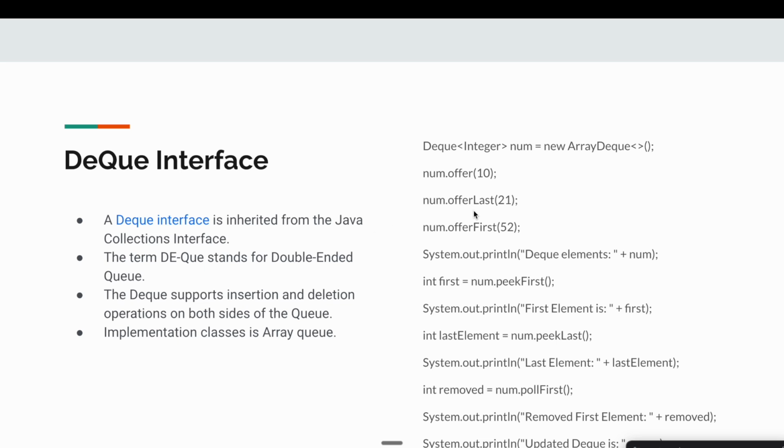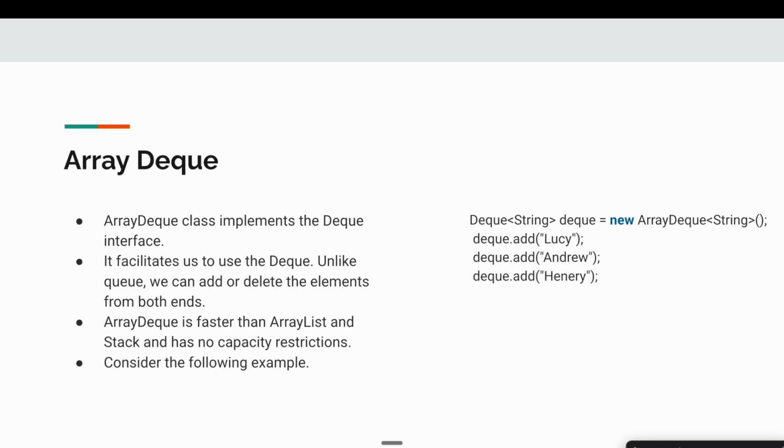So here we have an offer last method that will insert the element from last. We have an offer first method that will insert your element from the first. Similarly, we have peek first, which will give you the first element from the queue. Similarly, we have peek last, poll first, and so on. So here we have many methods that help you to perform operations from both the ends.